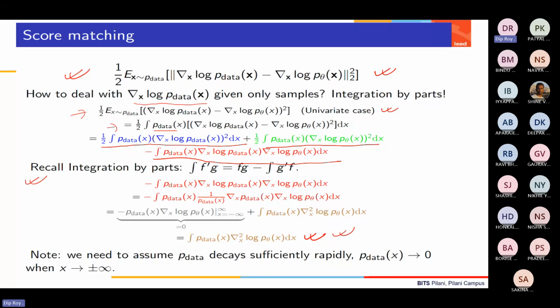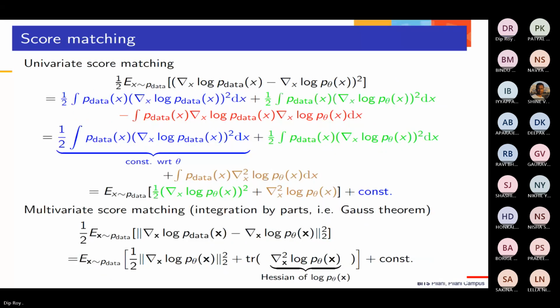And yes, it depends on the samples from P of data, which are there in our training set, but we don't need the exact density. All right. And if you see now what has happened, this is the final univariate form of score matching. And nowhere there is P of data, and we are all good on this front.